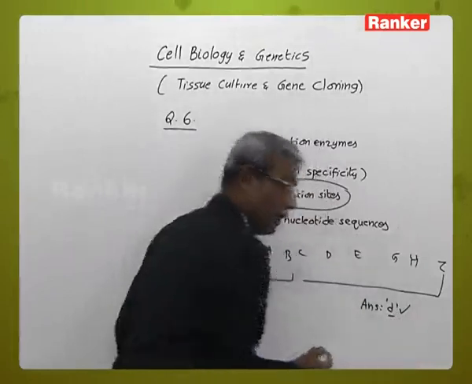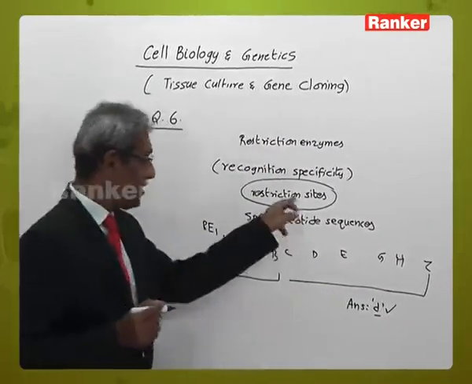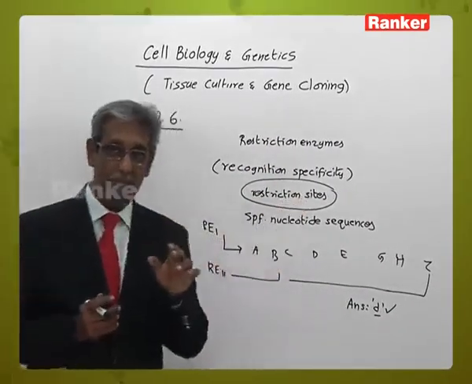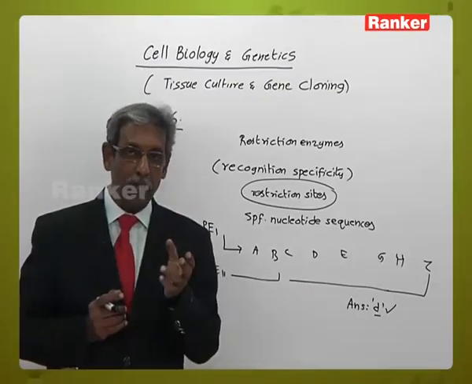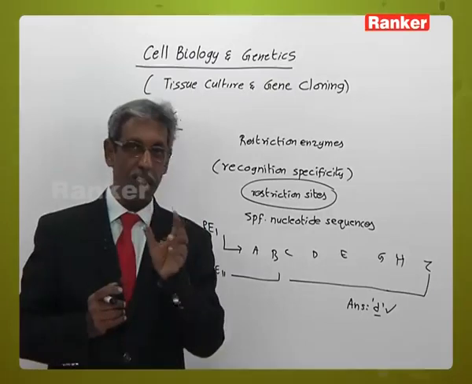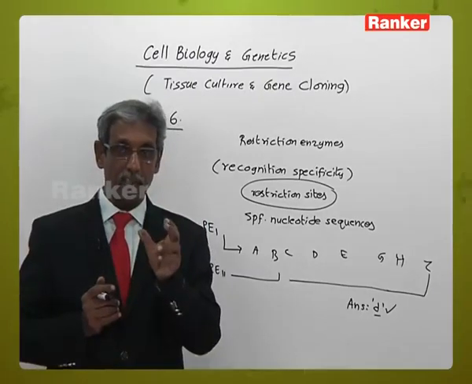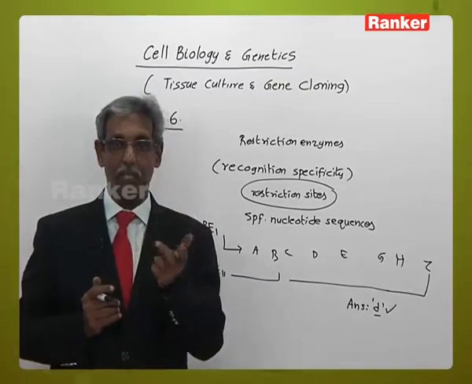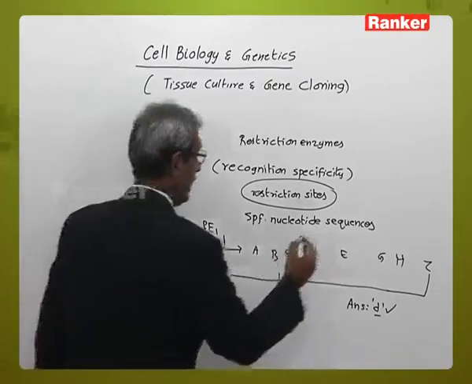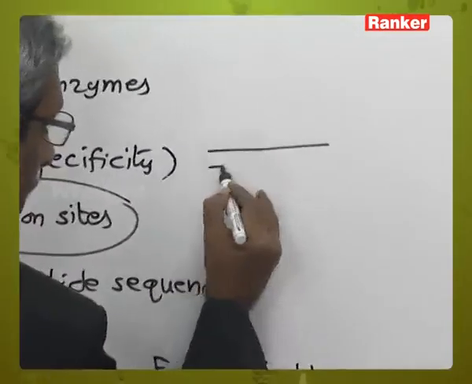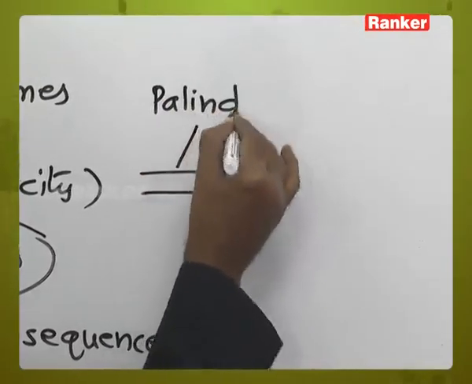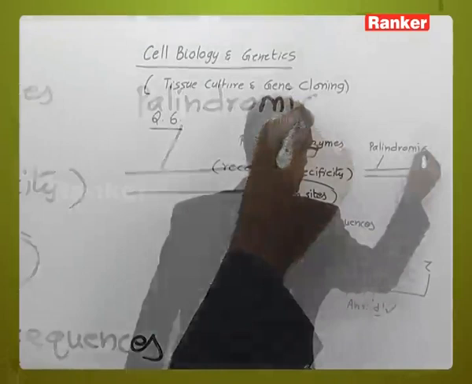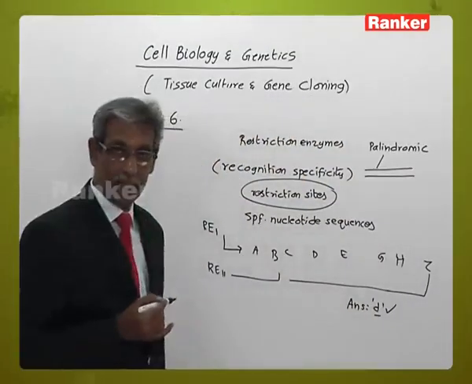However, when you take the recognition sites, what is the most important characteristic feature? The most important characteristic feature is that the nucleotide sequences are mirror images of each other. That is, if you take a DNA and if you take another DNA, both of them will show palindromic sequences.